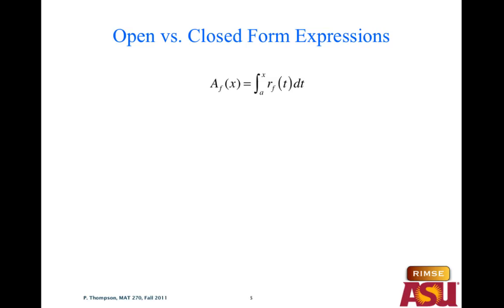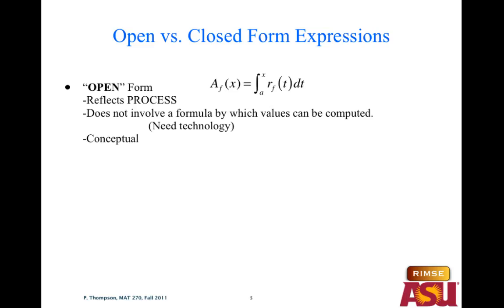What kind of expression is this for this function? This is open form. So this new function, this net accumulation function, is an example of a function expressed in open form. What does open form do? It reflects a process, right? It took us a month to figure out all the meaning that's in there.